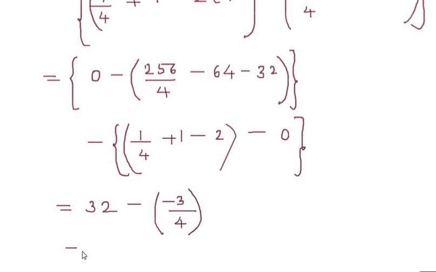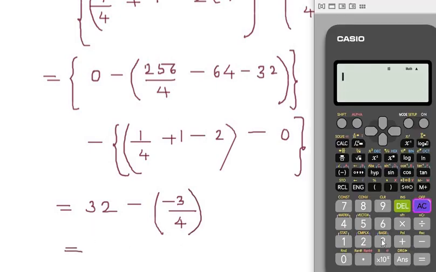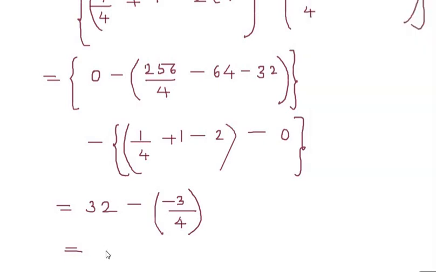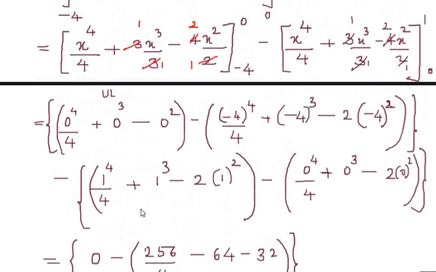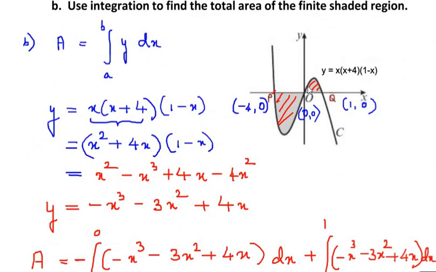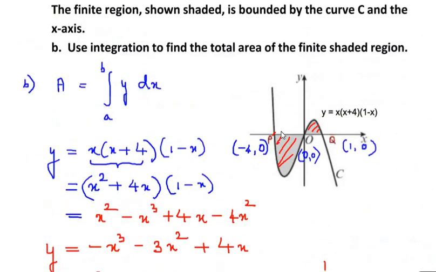So finally the last step to solve this, it is going to be 32 minus, and in the bracket let me write minus, and here becomes 3 and here it is 4. So we get the term as 131 over 4. So this answer is 131 divided by 4. So this is the area, the total area for this shaded region. That is negative area plus the positive area.